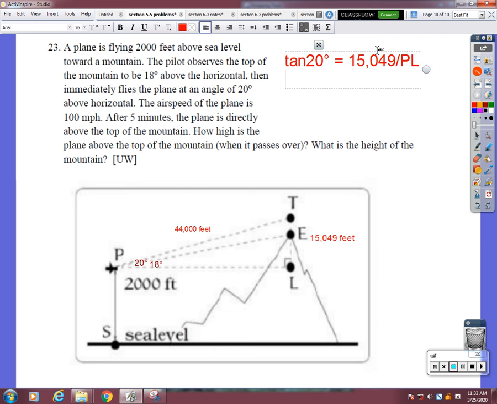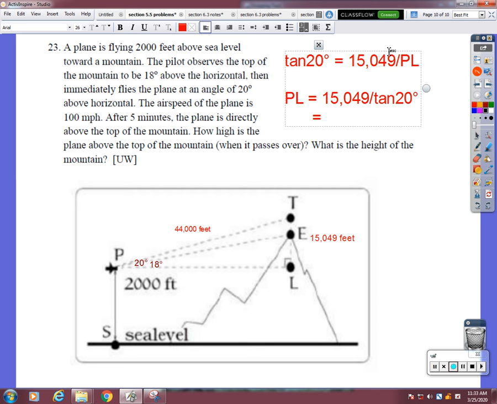So the question is again, to figure out the distance PL, do I multiply by 15,049 or do I divide by tangent of 20? Since PL, the variable, is on the bottom, I have to take 15,049 and divide it by tangent of 20.